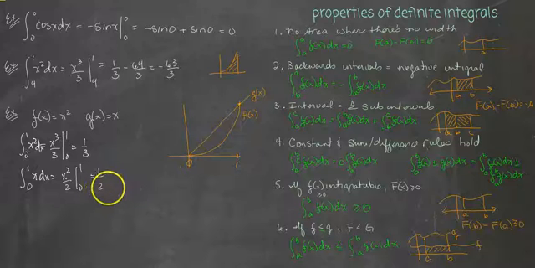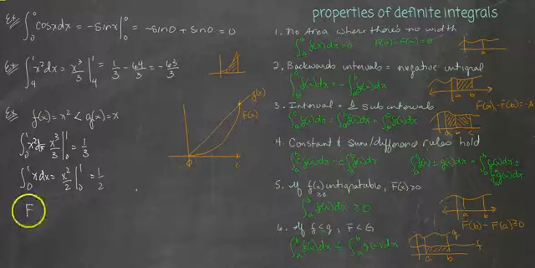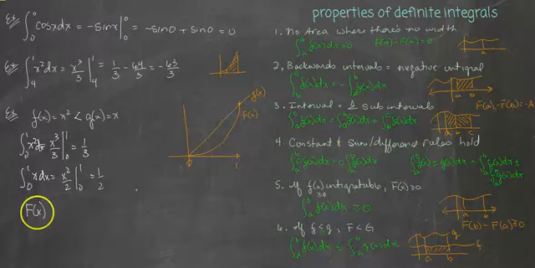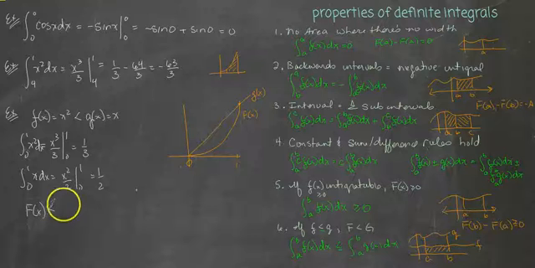minus 0, so 1/2. And we can now definitively say that if f of x is less than g of x, the antiderivative of f of x, 1/3, is strictly less than the antiderivative of g of x, which is 1/2.